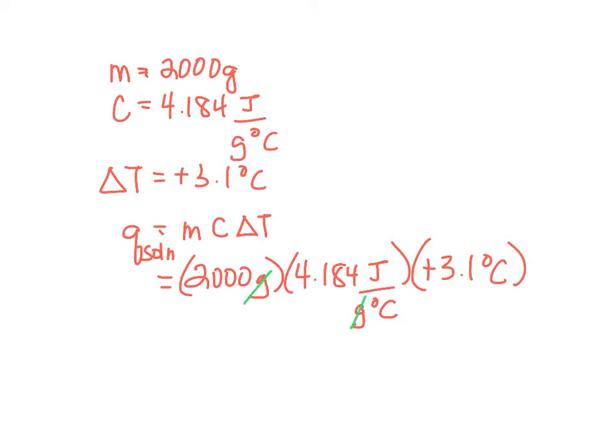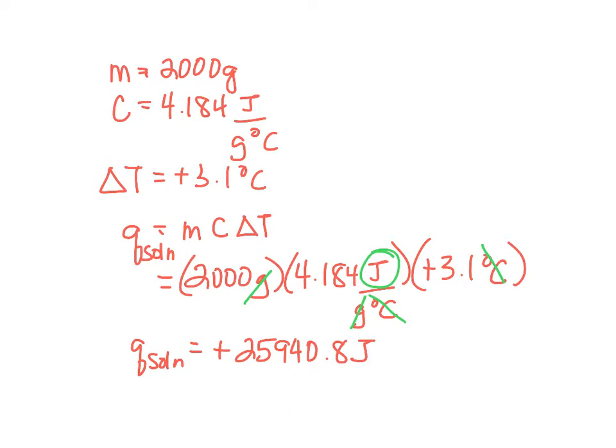Grams go away, degrees Celsius goes away, and that leaves you with joules, which makes sense because this is a unit of energy. So Q of the solution is equal to positive 25940.8 joules.